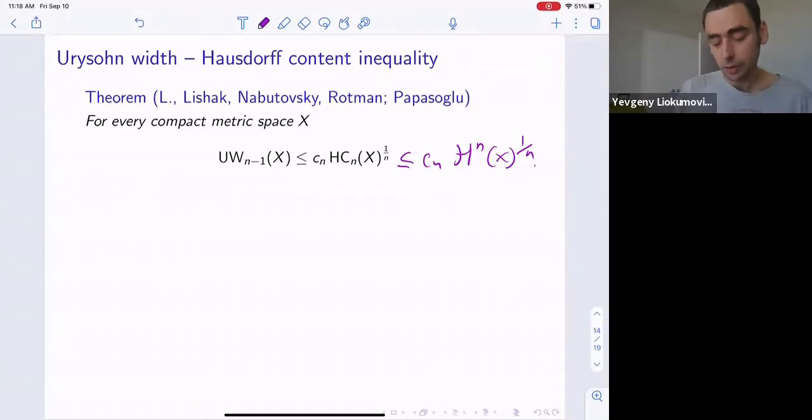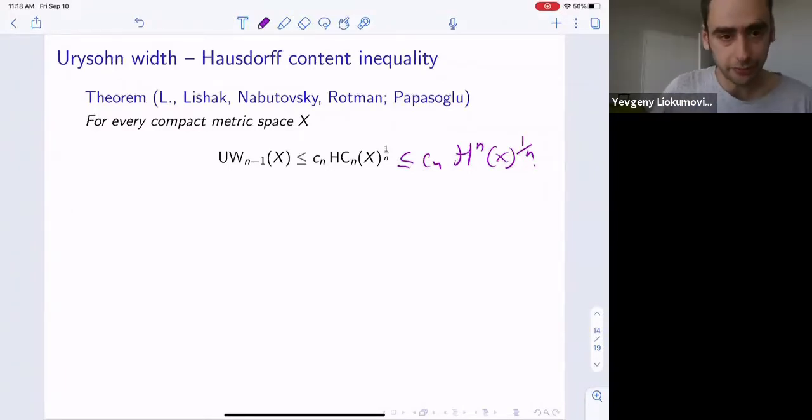In fact, this inequality immediately implies certain interesting inequalities relating the length of a shortest non-contractible loop in a large class of manifolds and the volume of that manifold, or in our case, the Hausdorff content of that manifold. N-dimensional Hausdorff content, where n can now be different from the dimension of the manifold. That's also something that I could describe if there is interest and if there is time.